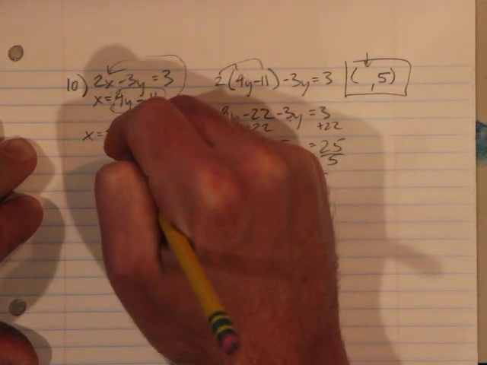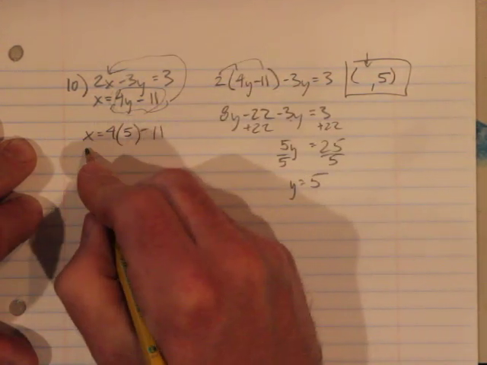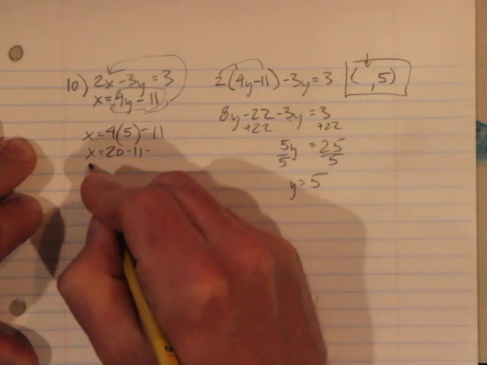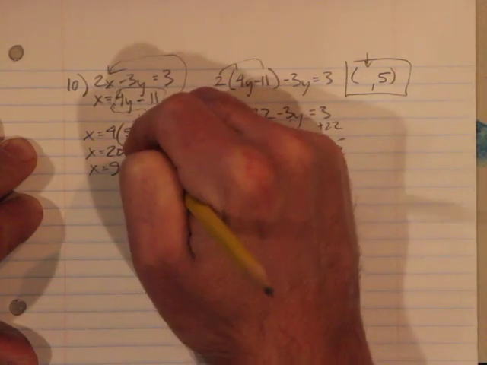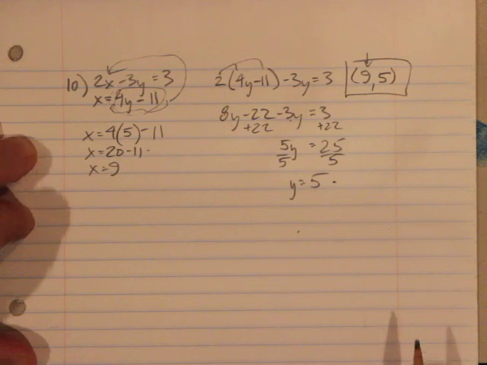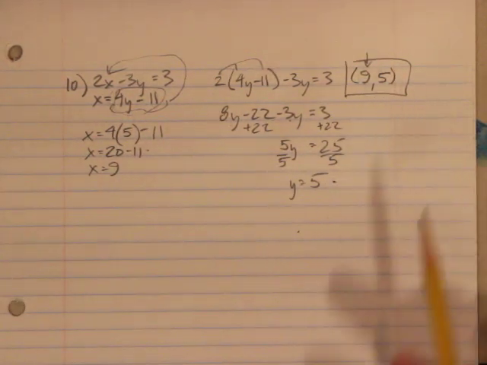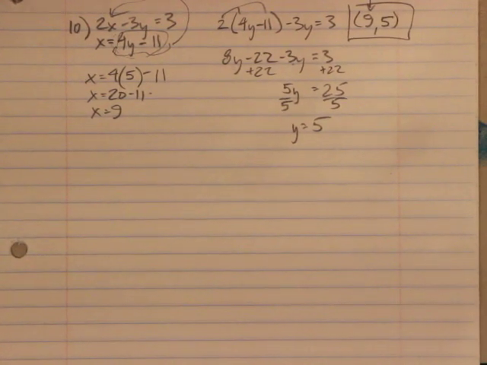X equals 4 times 5 minus 11. X equals 20 minus 11. X equals 9. My solution is 9, 5. So these two lines cross at that point where x is 9 and y is 5.